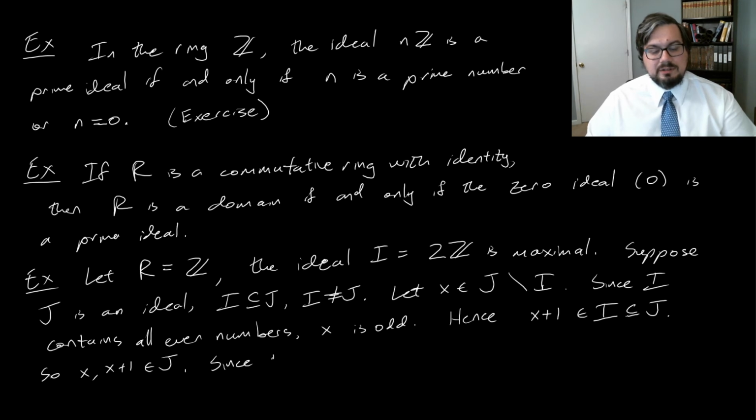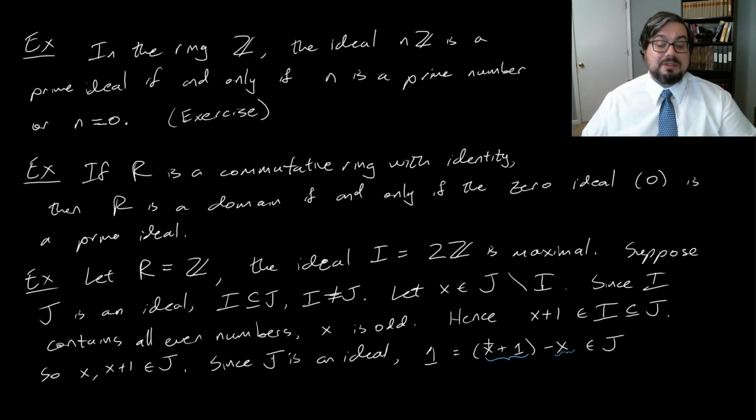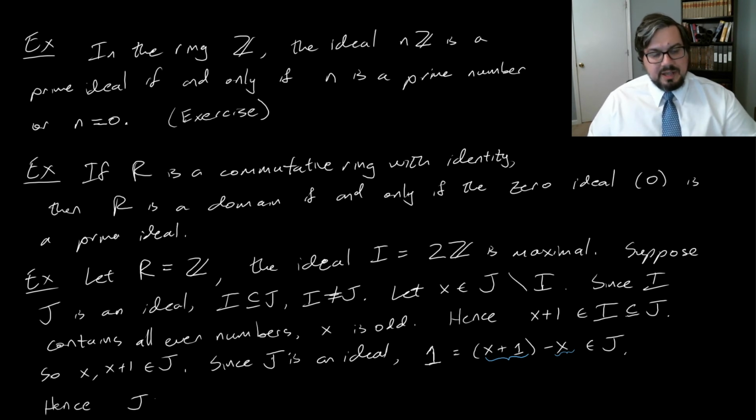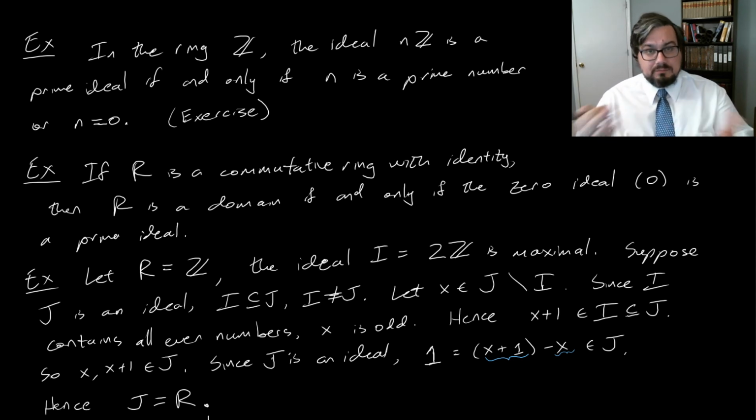But since J is an ideal, it's closed under subtraction, which means that 1, which can be written as x plus 1 minus x, belongs to J. So x plus 1 and x are both elements of J, and therefore their difference is also an element of J. But this shows that 1, the multiplicative identity of R, belongs to J. Hence, J equals R. This is an exercise on your homework that shows that if an ideal contains any unit at all, including the element 1, then that ideal is equal to the whole ring.